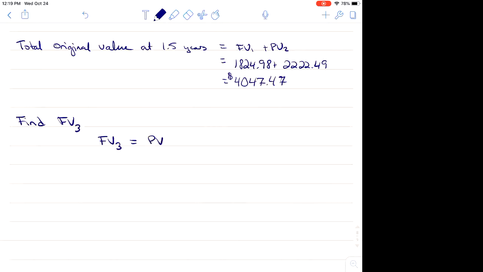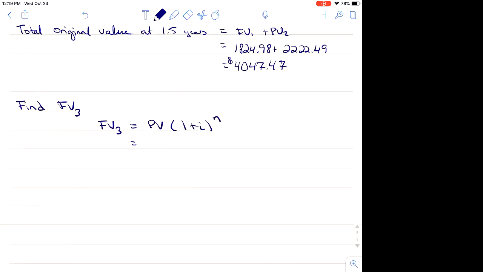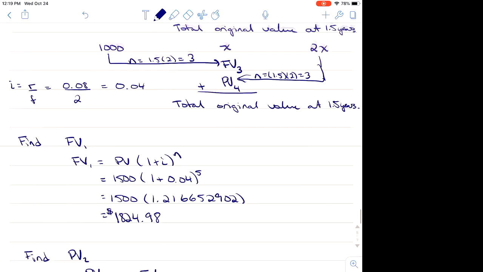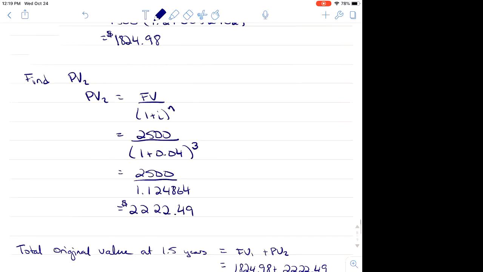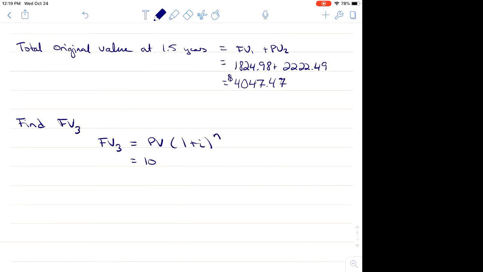Future value 3 is the present value times 1 plus I to the n. The present value of future value 3 was $1,000, times 1 plus 0.04 to the power of n, which I'm pretty sure was 3 for all of these.